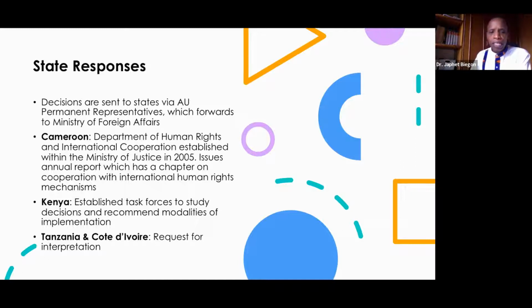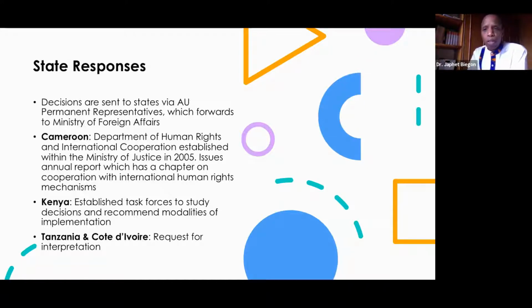In one instance, in relation to Tanzania, the Tanzanian government was not really sure whether the court had asked it to release the individuals whose right to fair trial had been violated, or what really should be done.